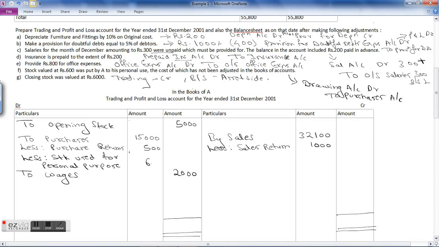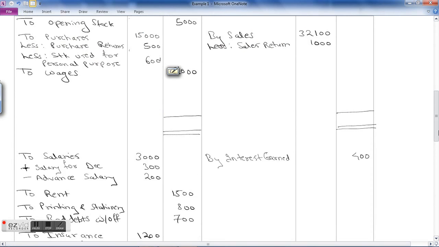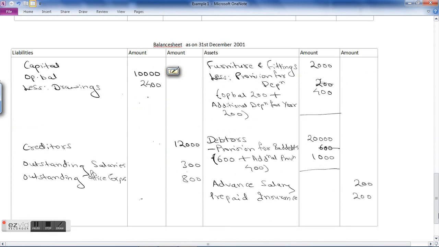The second effect will be you have to add it to your drawings, or you have to reduce it from capital. So you already have your capital here, so you have to reduce it from capital. Stock used for personal purpose, how much is it? 600.